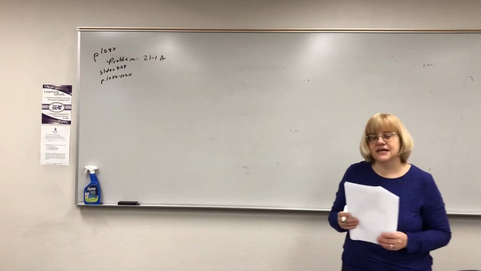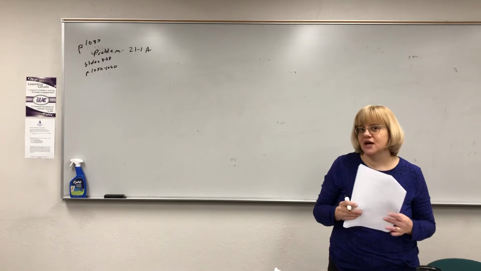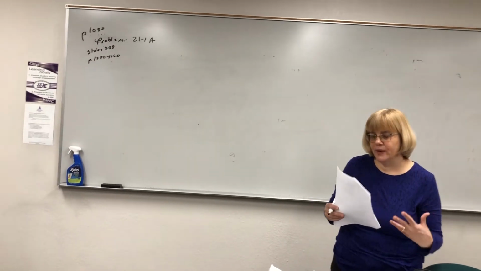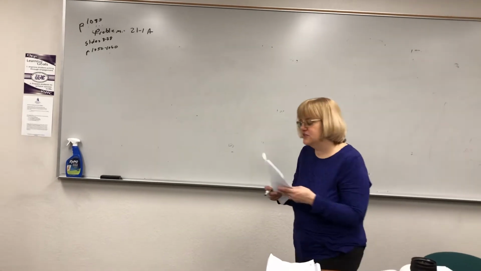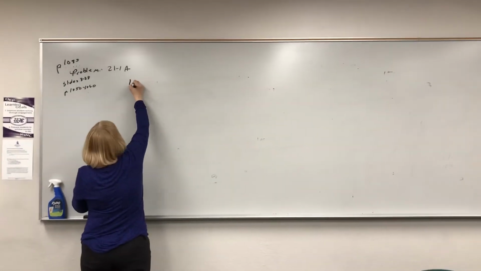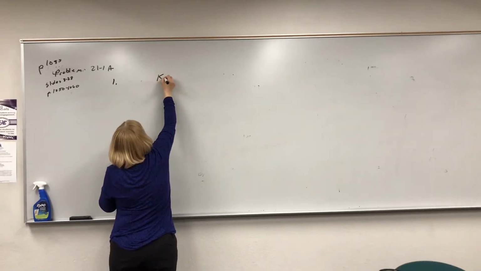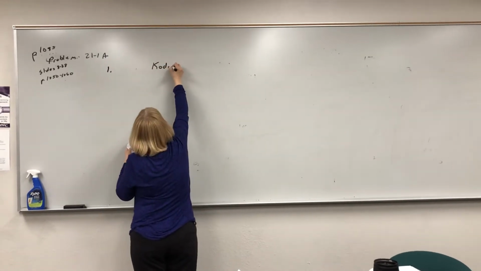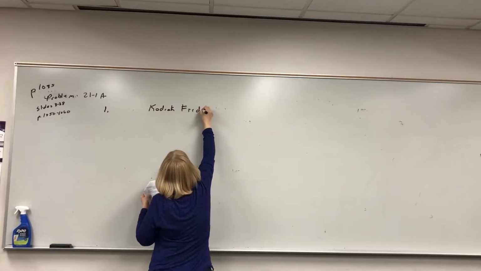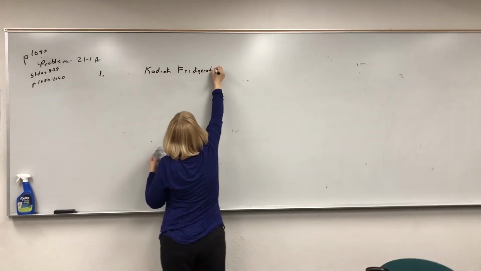So the first thing it asks us to do is prepare an absorption costing income statement. Now this is basically the income statement you've been preparing before, where all costs are included. So this is part one. We'll start out with our title, Kodiak Refrigeration Company.